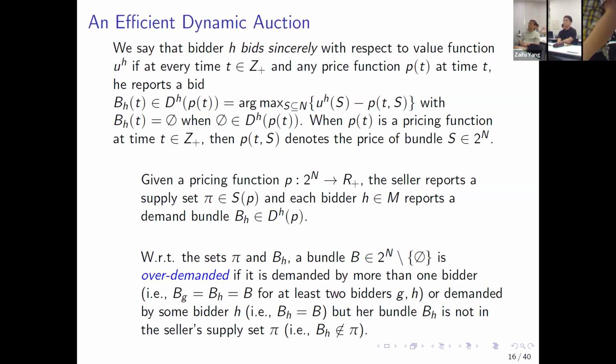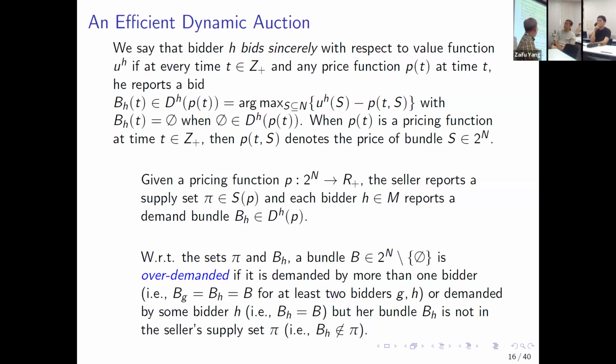In this case, bundle {1, 2} is not over demanded. As long as two bidders demand the same bundle, then this bundle is over demanded. Here, 100 bidders demand item 1 alone, not bundle {1, 2}.